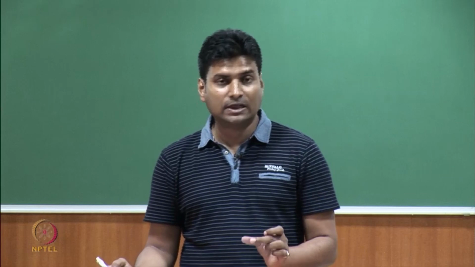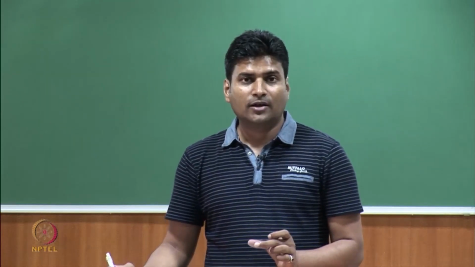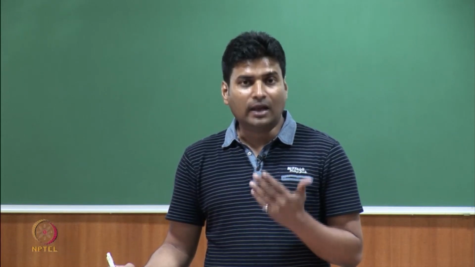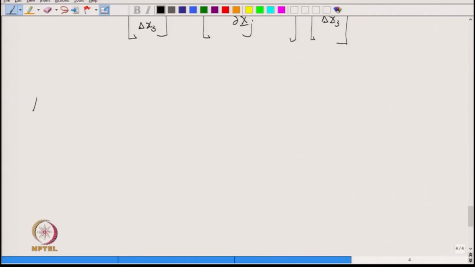So, once we have this delta small x, what will be the final length? So, final length small l square is not that delta small x dot with delta small x?